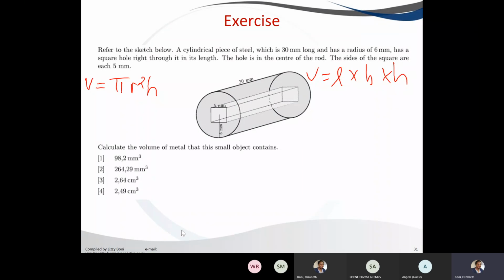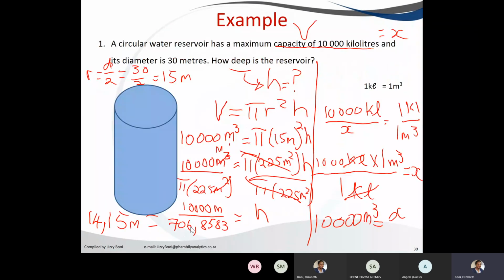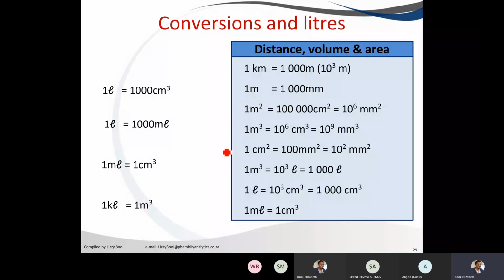If I go back to our conversion graph, the millimeters and centimeters are only referenced here. So you need to know how many millimeters make up the centimeters.